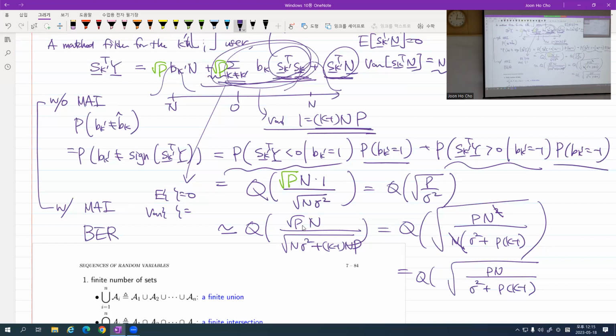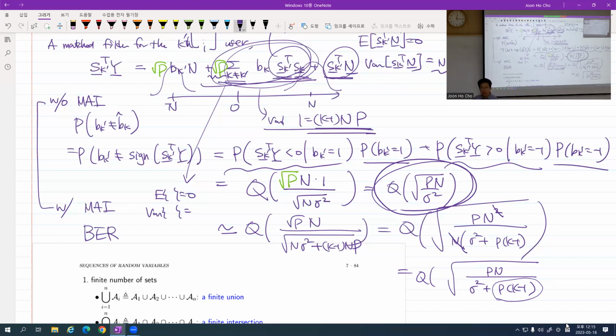So as you see, if you don't have an interference, you have this. Sorry, you must have n square. Yeah. Sorry, np times np divided by sigma square. Now you have this term in the denominator. So your performance degrades. Now you may wonder, how accurate is this approximation?